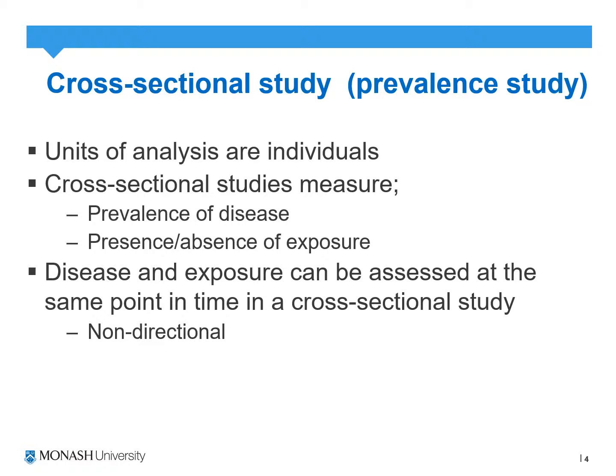As the name suggests, it's a cross-section, so it's just looking at participants at one point in time. It's not looking forward in time, nor is it retrospective, looking backwards in time. It's just looking at this point in time, at November 30, whatever year that we are in, what is the prevalence of this particular condition or issue.